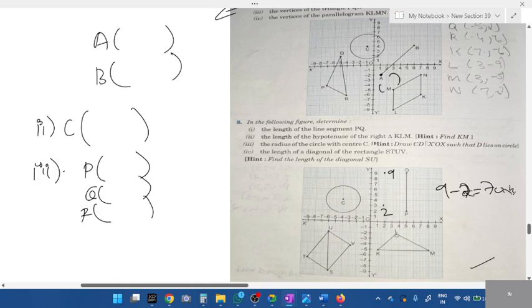And second question, the length of the hypotenuse of the right angle. How do you find the length, students? What is LK value given in the textbook? LK and LM? What is LK given? Why is nobody responding?